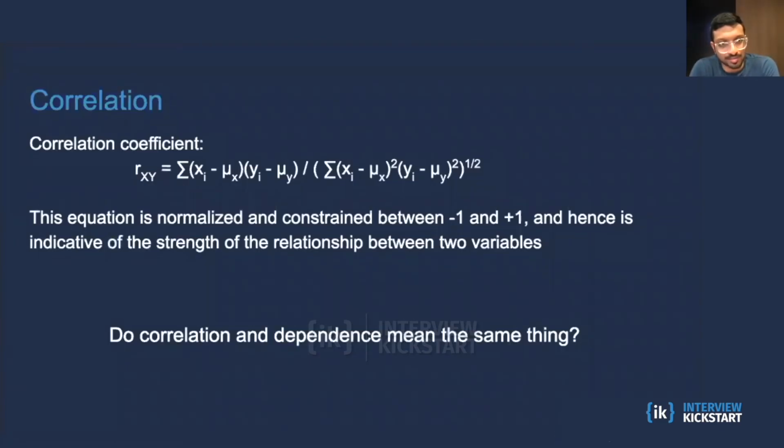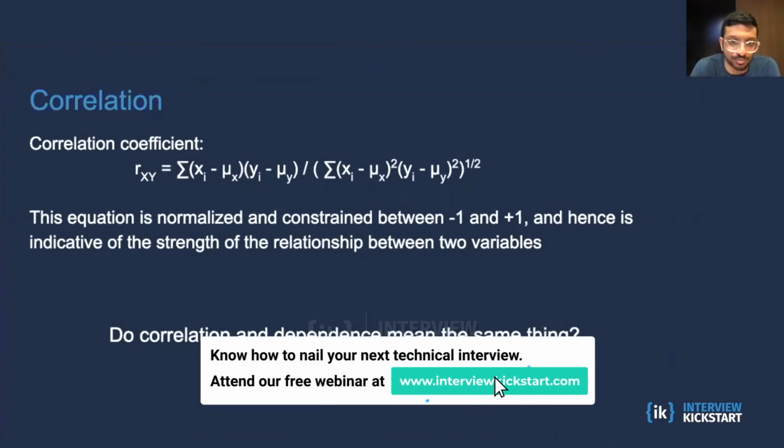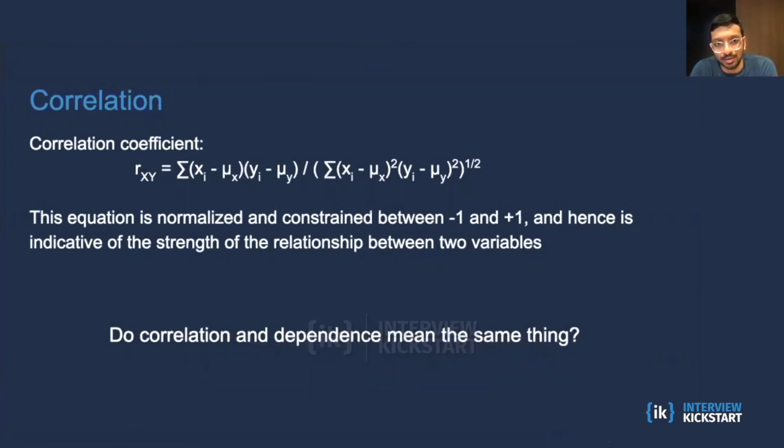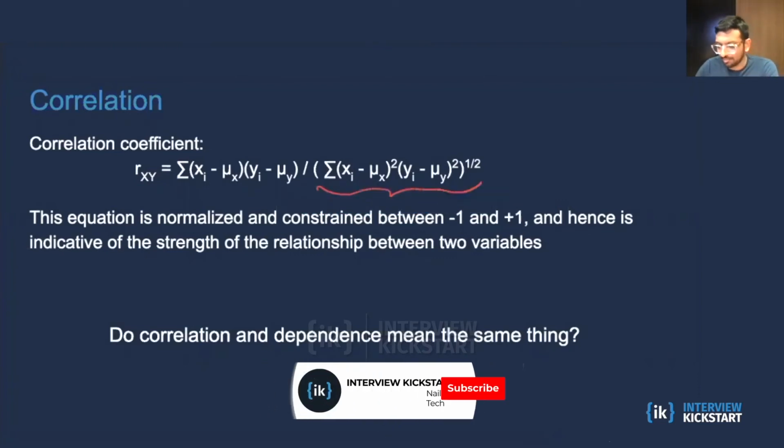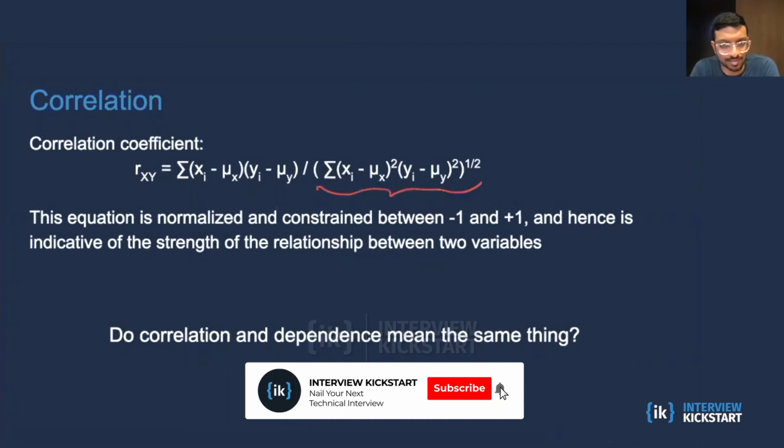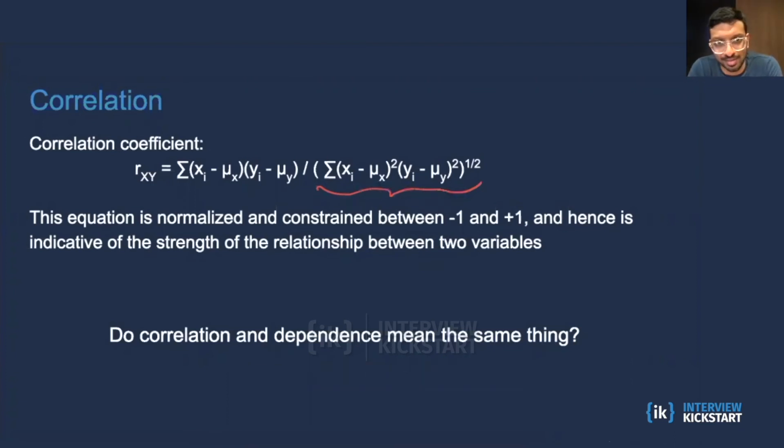As with covariance, there's also a formula for the correlation coefficient. And there's a term over here, which you could think of at a high level as the standard deviation of x and the standard deviation of y. But what's happening is that this is a term that normalizes our quantity.